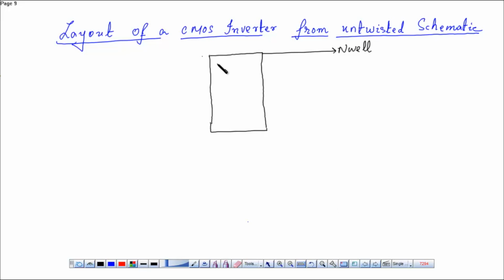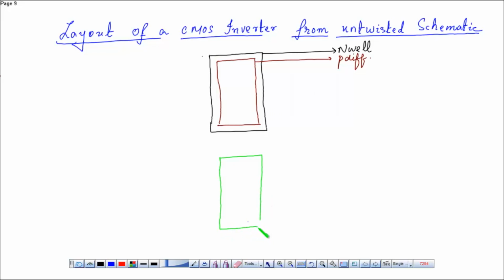Then the P diffusion layer. This is the P diffusion layer. Then of the same area you need the N diffusion layer. This is the N diffusion layer.